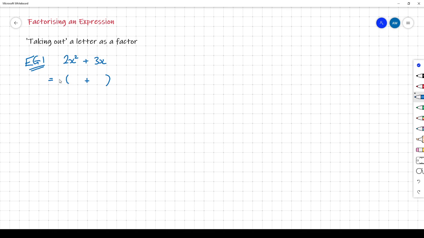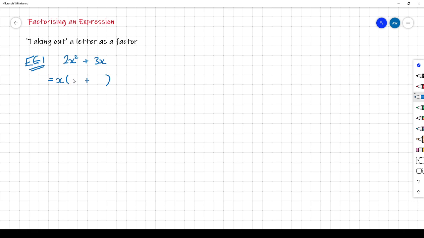And the highest power of x we can take out is just x to the power of 1, because this term is all it's got, x to the power of 1. You can't divide it by x squared, although you could, but it would make it even more complicated. But we can easily take out an x from this term and from this term as a factor. So we can divide x into x squared, and we can divide x into x.